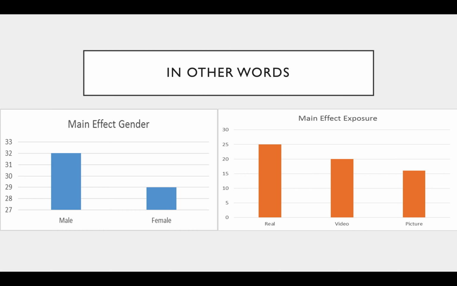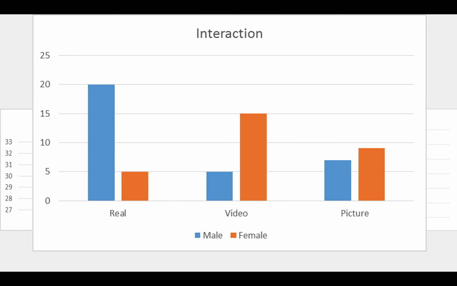But we can also look at the interaction, which is essentially where we break it down into more fine-grained categories, where within each of the types of spiders, we're also mapping out how men and women each react to these. So we can see that according to this completely made up data, men have more anxiety reactions to real spiders compared to women.